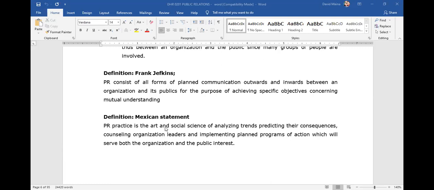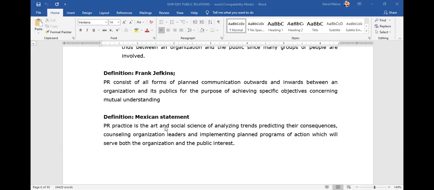So when Jeffkins is talking about it, it consists of all forms of planned communication outward and inward between an organization and its publics. The publics are the groups of people. And these groups of people are classified as either internal publics or external publics. Internal publics are those within the organization.